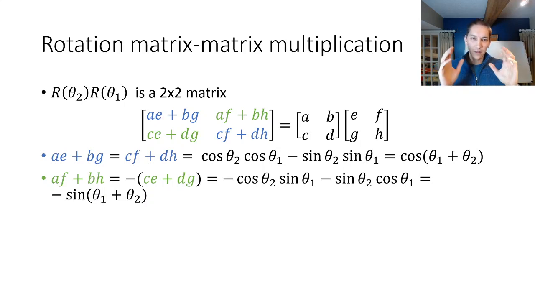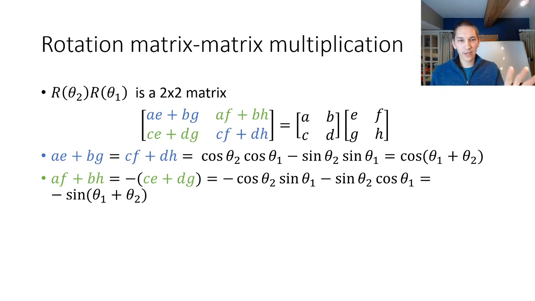Notice that the rotation matrix has cosine theta, negative sine theta, sine theta, cosine theta in its entries. So the diagonal entries are equal, and the off-diagonals are negated from one another. And you find that when you compute this, it becomes the same thing.